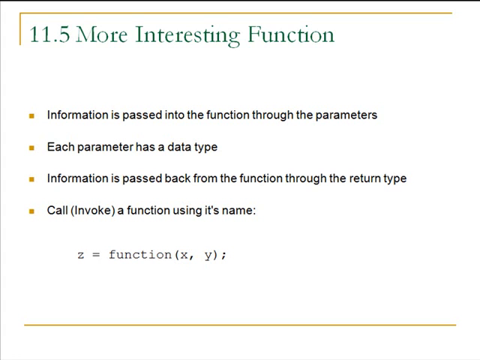So if we write z gets function of x and y, we see that x and y are the values that we're passing into the function, and the function call itself will evaluate to whatever value is returned. We take that and we assign it to the variable z. You might recognize this syntax from a math class if you've ever taken a math class that involves function calls, and these are students' least favorite things to work on.